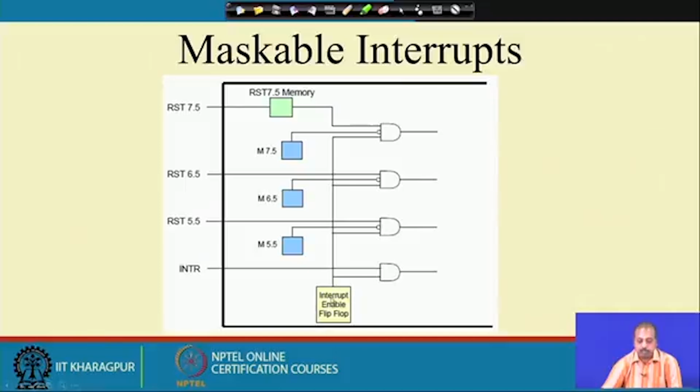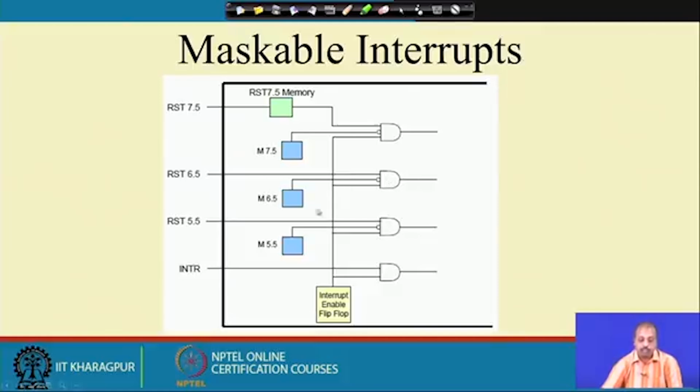Suppose this bit is 1. Now, if the 6.5 interrupt comes, then that interrupt is allowed to reach the processor. Now, if the M 6.5 flip flop is set to 1, the 6.5 will be masked off, because this AND gate will get an input of 0. So, whatever be the value of RST 6.5, it will not reach the output.